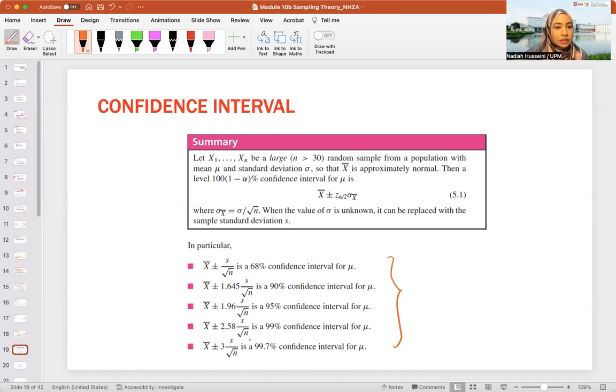But these are just the general rule. You don't have to memorize it because you can always refer to the table later on. But a mean plus or minus 1.96 times the standard deviation of the sample mean is the 95% confidence interval for mu. So this is where we got the 1.96 from.